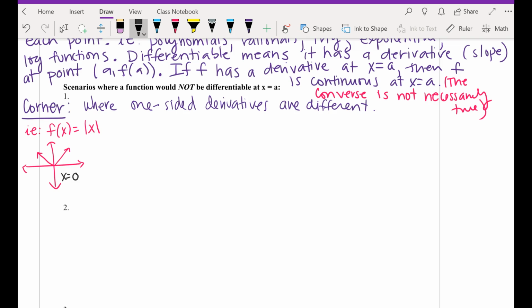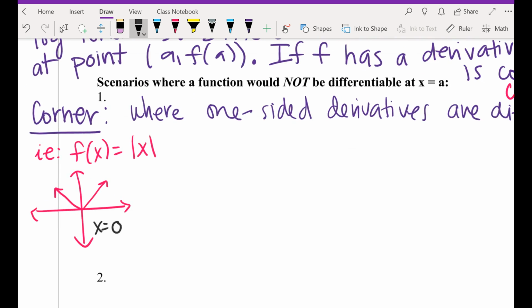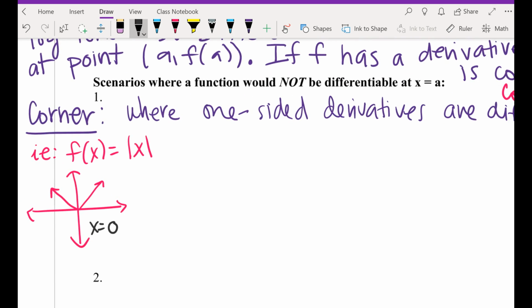Even just looking at it, coming towards 0 from the left-hand side, what's the slope? Negative 1. Coming towards 0 from the right, what's the slope? Positive 1. Can you agree that they exist, but they are different? Therefore, at 0, we call it a corner.